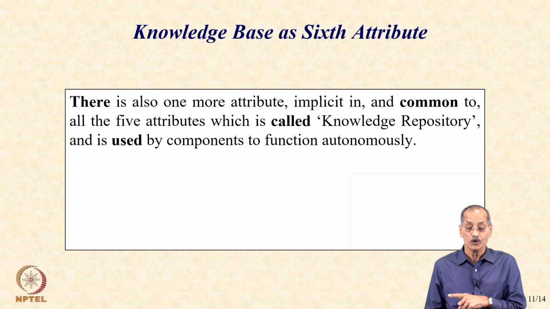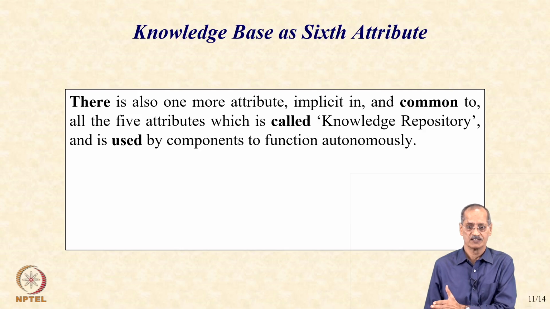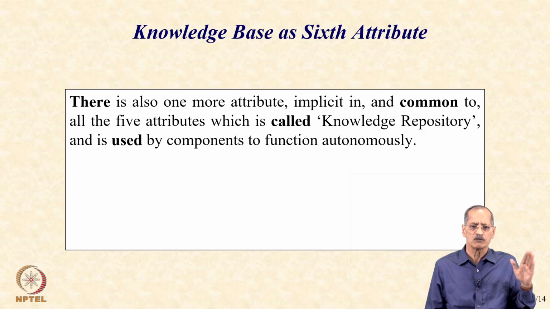That "I know" is your knowledge repository, but that repository is created through a lot of hard work, and you will realize that without this 6th attribute of knowledge repository, the other 5 really are not very useful.